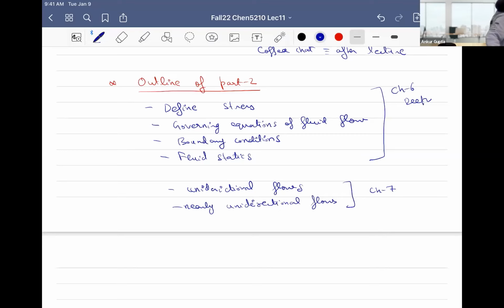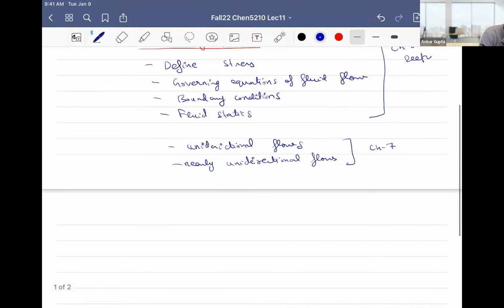So we start with unidirectional, then nearly unidirectional flows. Then we'll learn details of creeping flows, which are low Reynolds number flows and have very surprising properties, in chapter 8. Then we'll learn about high Reynolds number flows, the other extreme, in chapter 9.